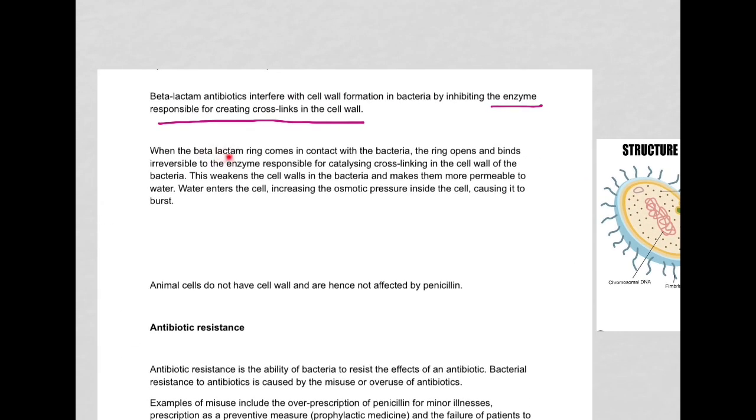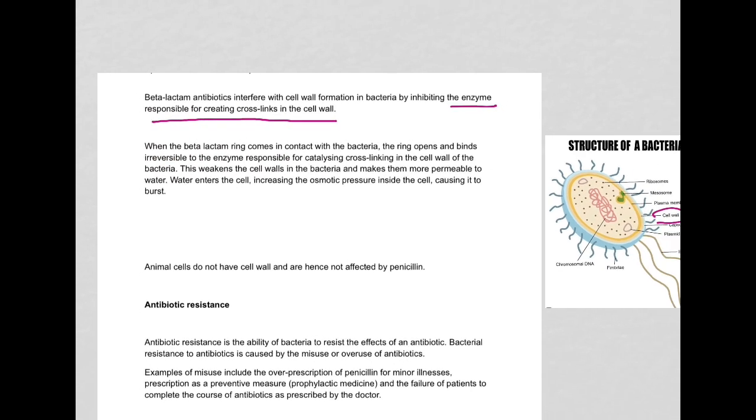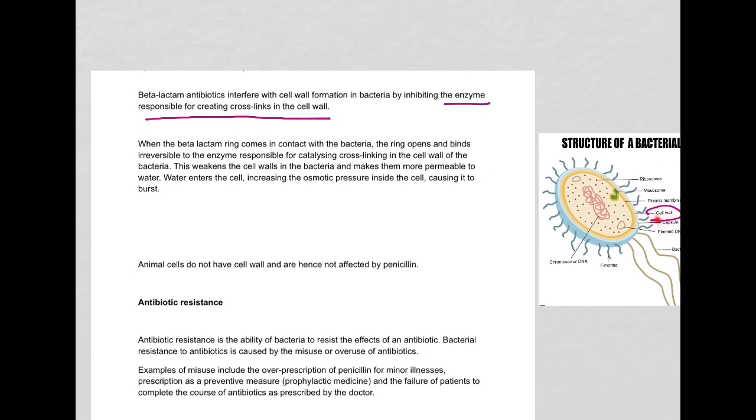But the beta-lactam ring is going to open up and bind irreversibly to the enzyme responsible for making the cell wall, which means that once the beta-lactam ring binds to that enzyme, the cell wall weakens.